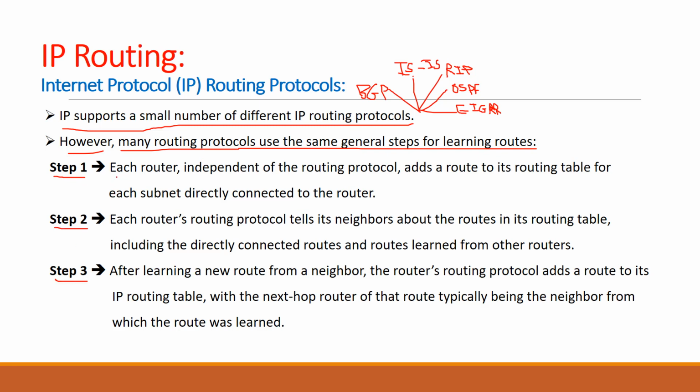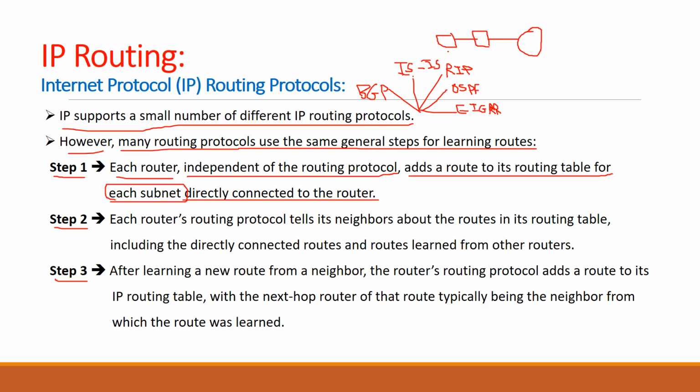First step: each router, independent of the routing protocol, adds a route to its routing table for each subnet directly connected to the router. If a router here is connected to a switch and the switch is connected to a host here, this interface has an IP address that resides inside an IP group or IP subnet.